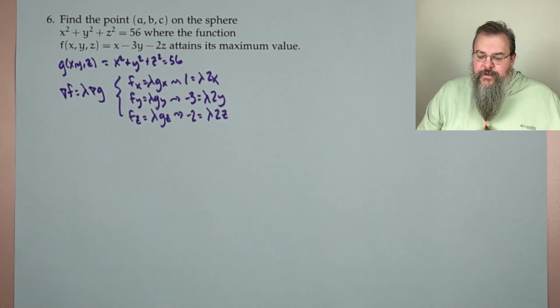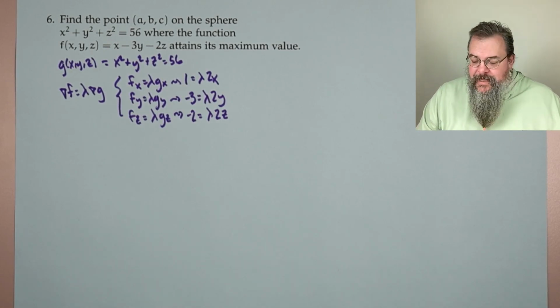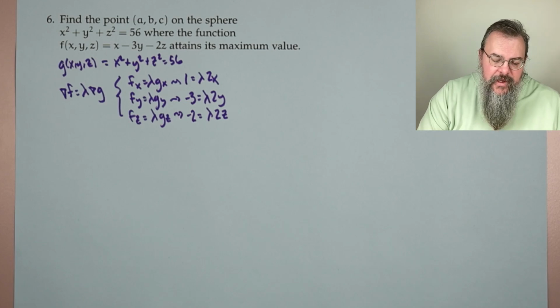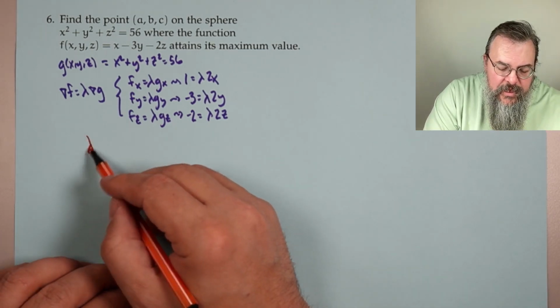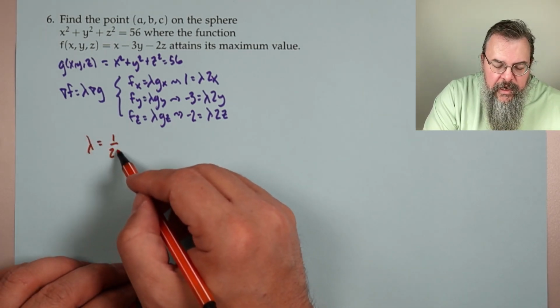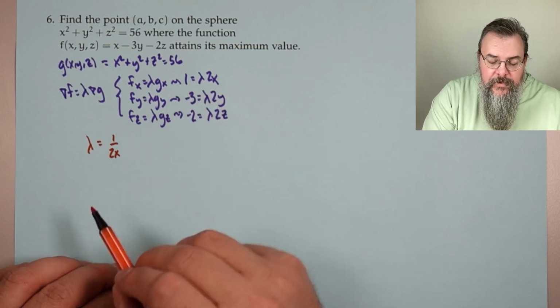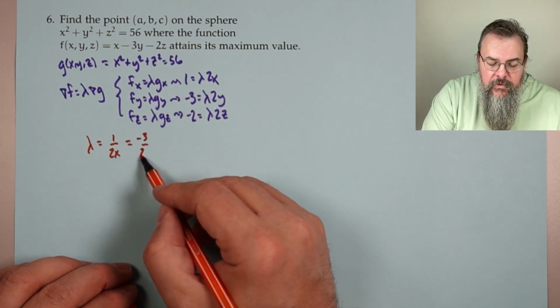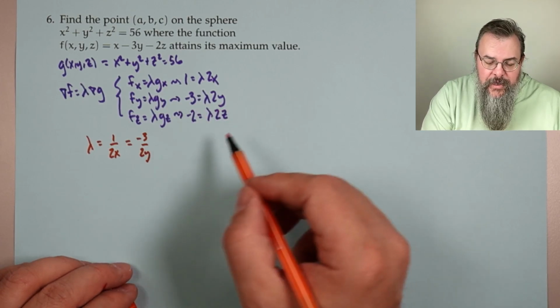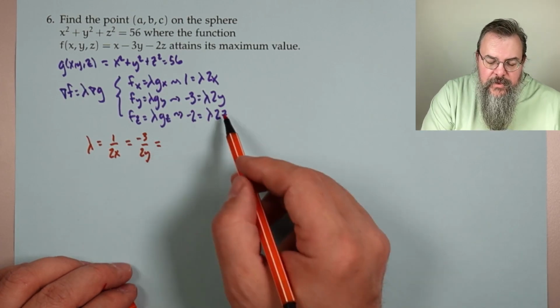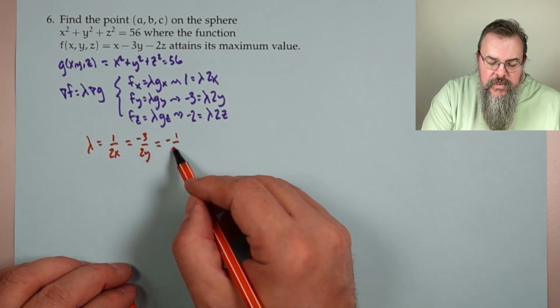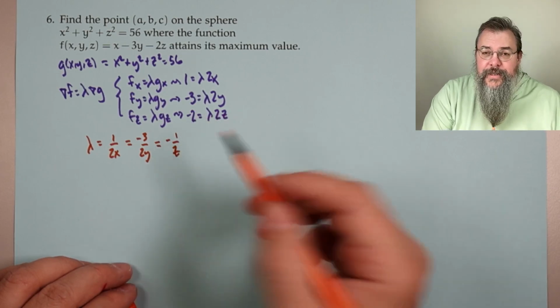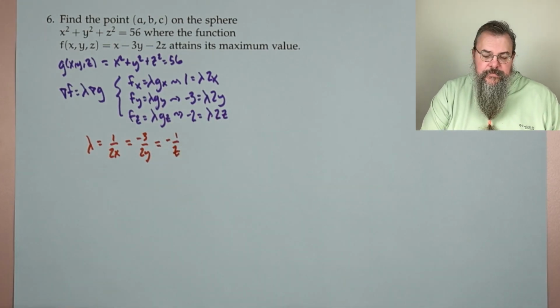So I'm going to solve for lambda. It's my favorite technique. So we get that lambda is 1 over 2x from our first equation, but it's also equal to minus 3 over 2y, that's our second equation, but it's also equal to minus 1 over z. That's our third equation. The twos end up canceling.